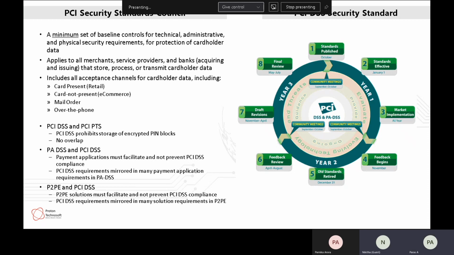So if you have to establish that, what you will do, you will go to the PCI Security Standards Council and download the current version. So let me just open that quickly.